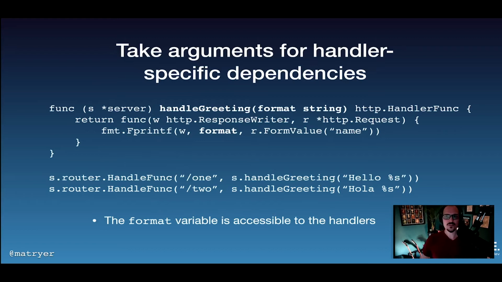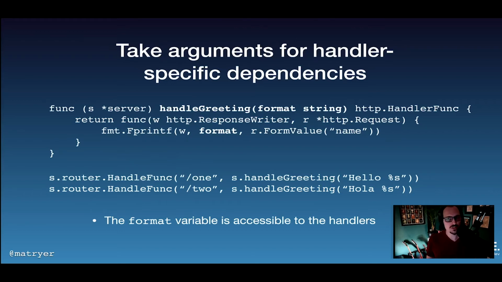If you have any arguments that are handler specific, you can take them in as arguments. So in this case, we've got this format string, and you can see that in the routes down here at the bottom, I'm using the same handler, but with different input. In this case, a different format string.